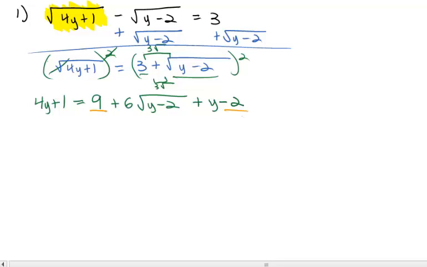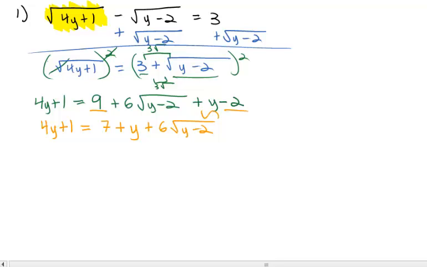Let's combine the like terms to make this a little cleaner. So we have 4y plus 1 equals 9 minus 2, which is 7. I'm also going to put the y next, plus y plus 6 square root of y minus 2. This might as well have been a problem that we solved earlier.